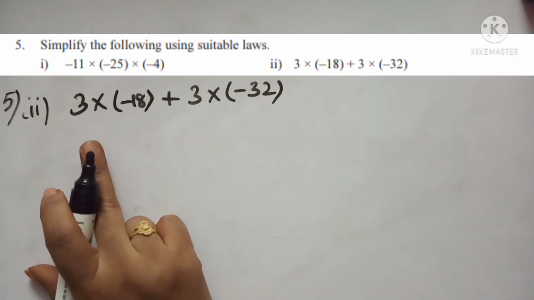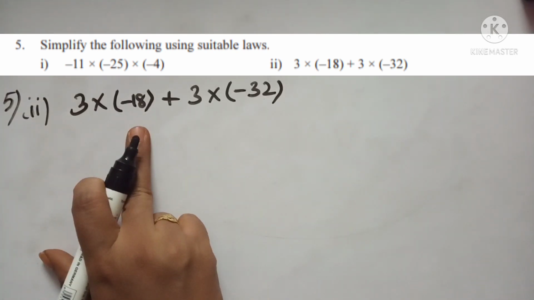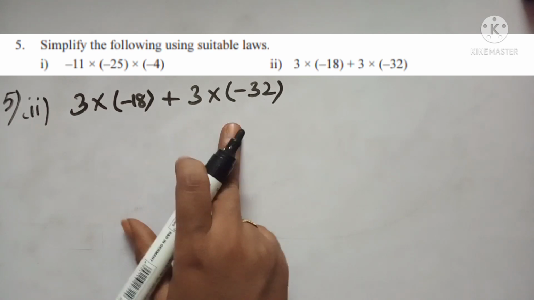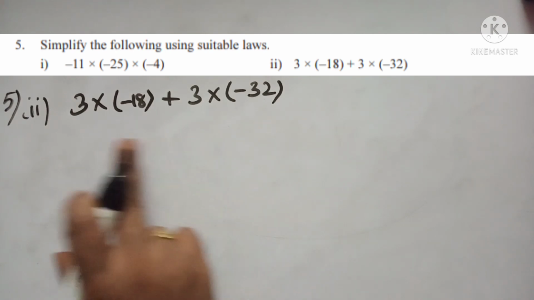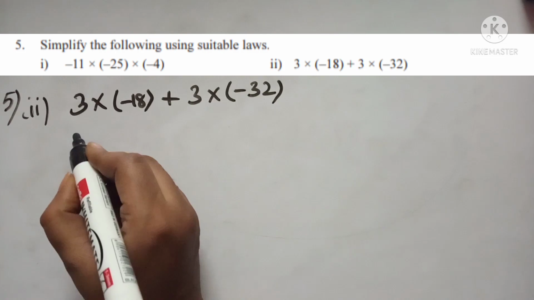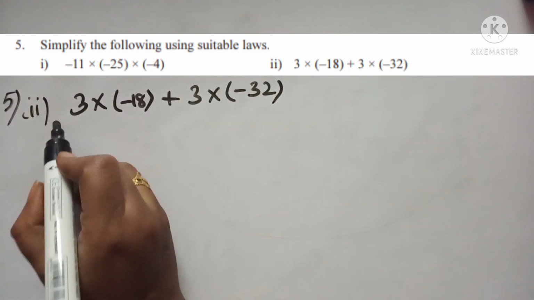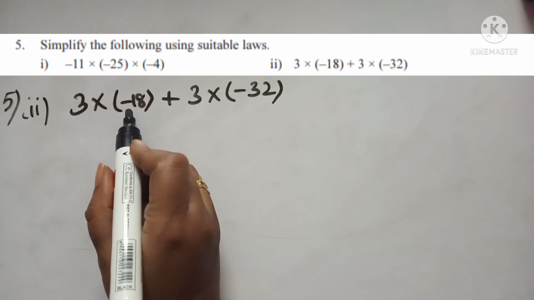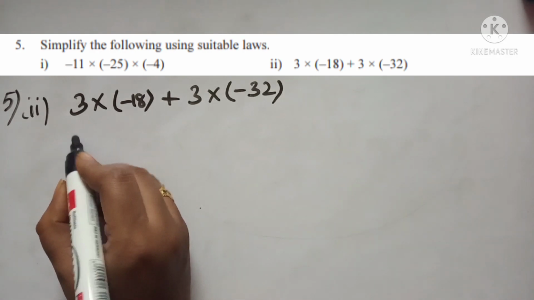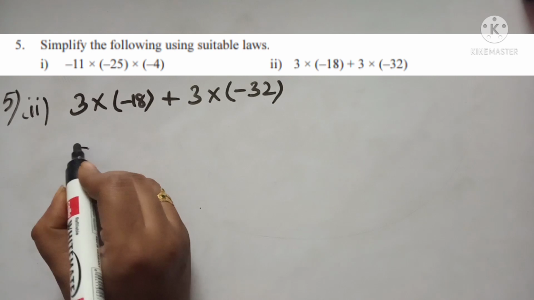Now the second question is 3 into minus 18 plus 3 into minus 32. So here, 3 into minus 18. Here we got a positive sign, here we got a negative sign. So plus into minus is minus.